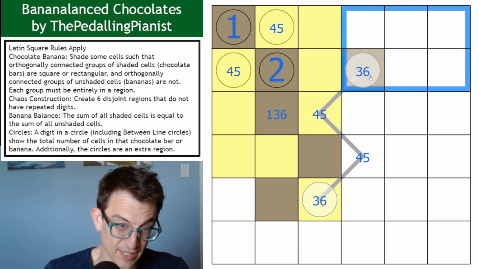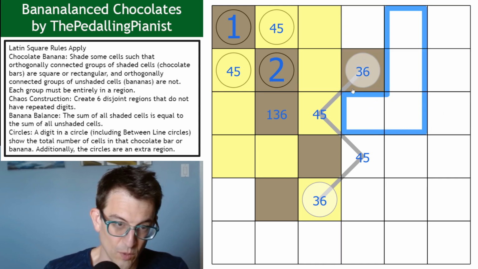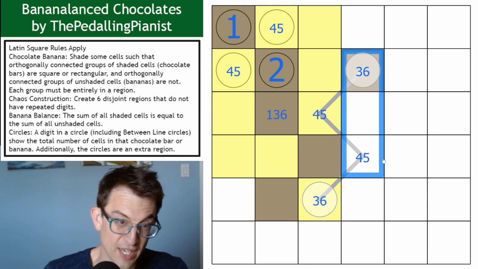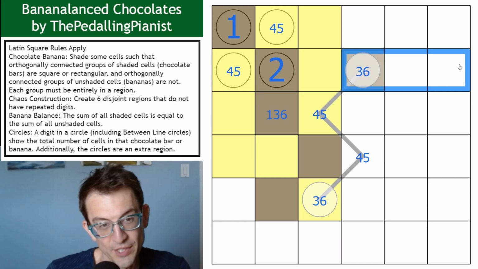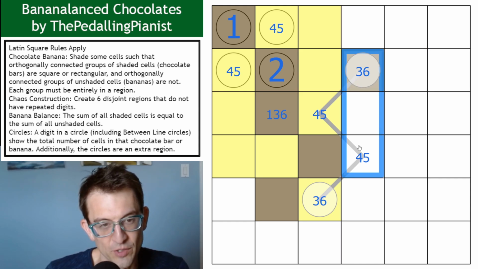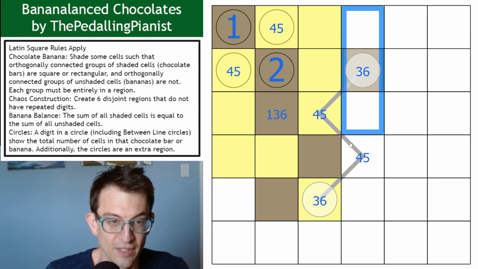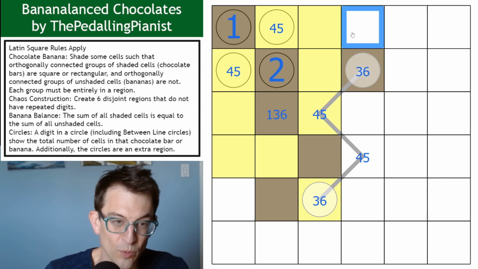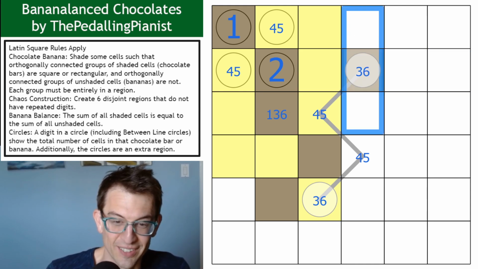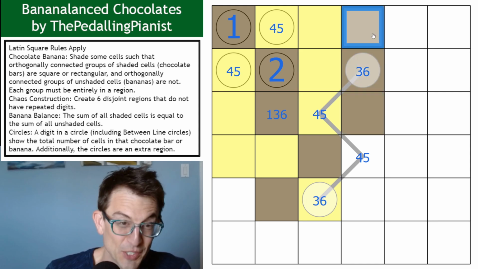We couldn't have a 6 cell like this. We could have a 6 cell like this. We could not have a 6 cell like this. So if it's a 6 cell region, it does this. Oh, but if it's a 3 cell region, I think we're going to get the same thing, right? It couldn't go down like this. It could do this. It couldn't do this. So what we get actually is these are all chocolate. No matter, I don't know if it's 3 or 6 yet, whether this repeats, but these are all chocolate.